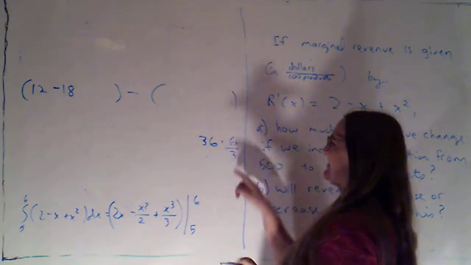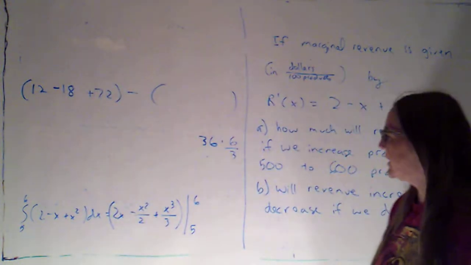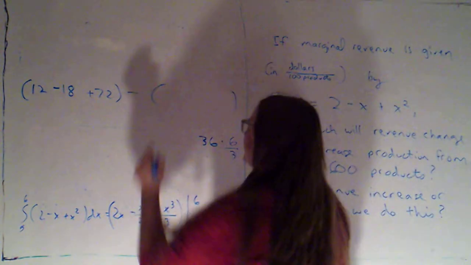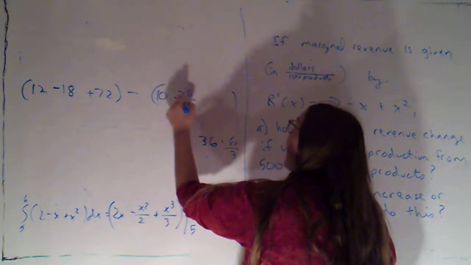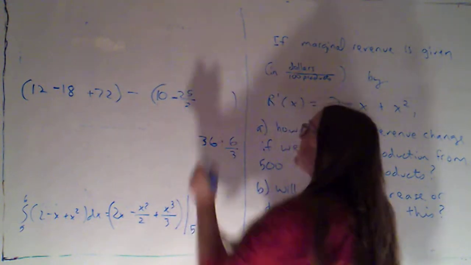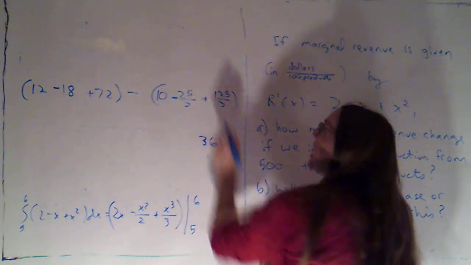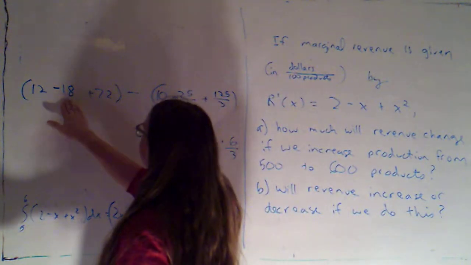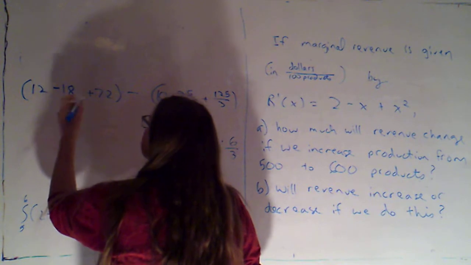Oh my goodness, that's 36 times 2. That's 72. Just a nifty shortcut. Okay, I've got to subtract what I get when I plug in 5. So that would be 2 times 5 is 10, minus 25 halves, plus 125 over 3. So let's see. 12 minus 18 is negative 6, plus 72. That's going to be 66.